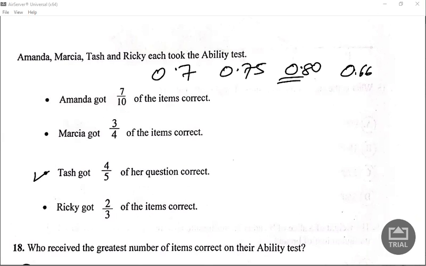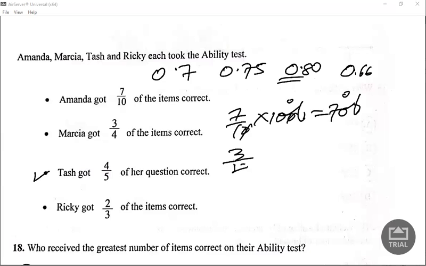Well, let me just do the percentage way. So it's 7/10 times 100%. This works out to 70%. For the 3/4 now, 100 divided by 4 is 25, times 3 gives us 75%.